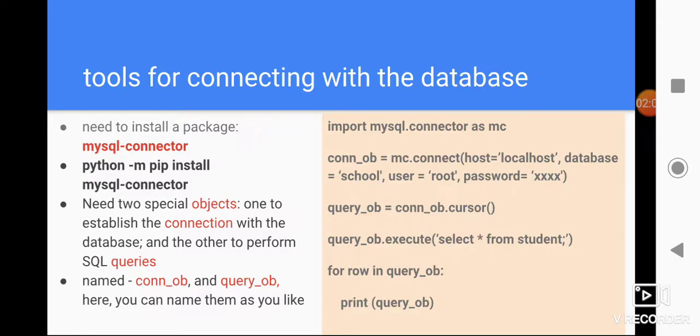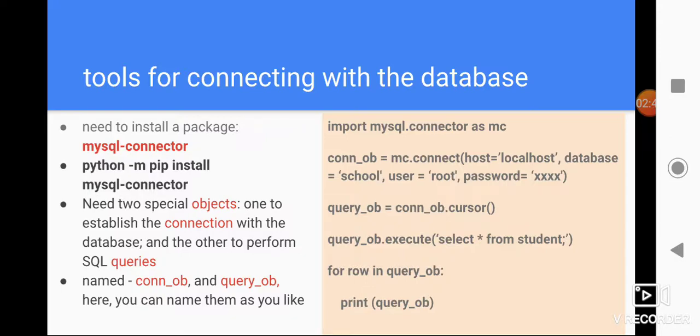Now, the connection object will be created using the connect function of the MySQL connector module as shown in the second line of the program. This connect function takes four argument variables. The first being the host. The connect function can establish a connection with any database on any machine using the internet, but since in this example we are assuming that the database is placed on our local machine only, we are mentioning the host name as localhost.